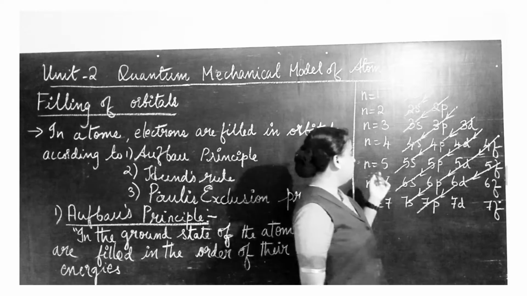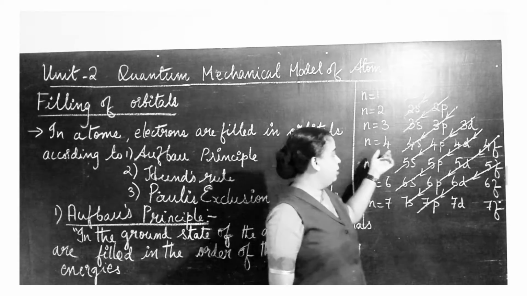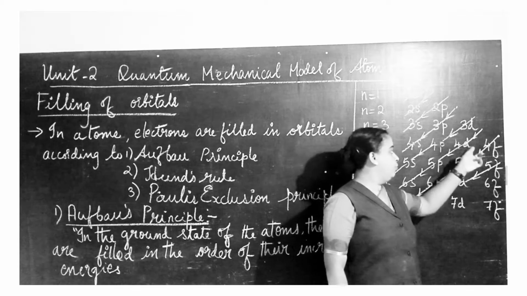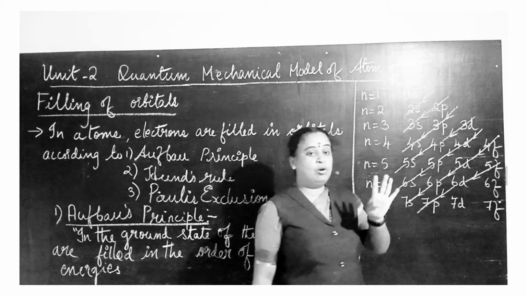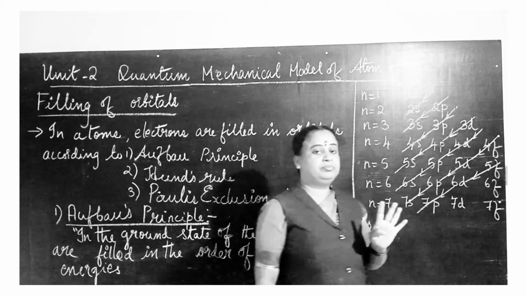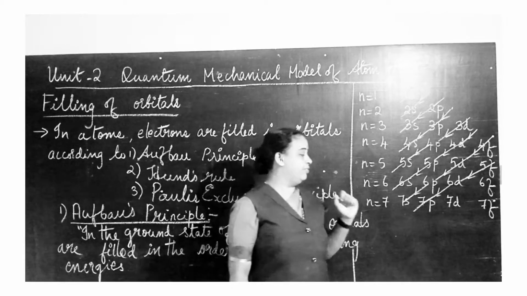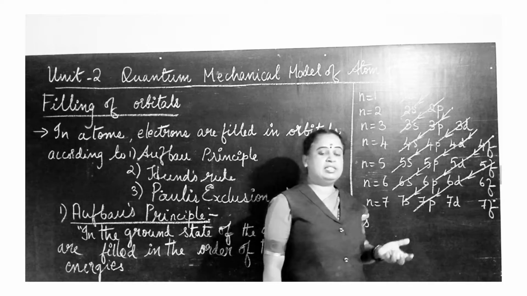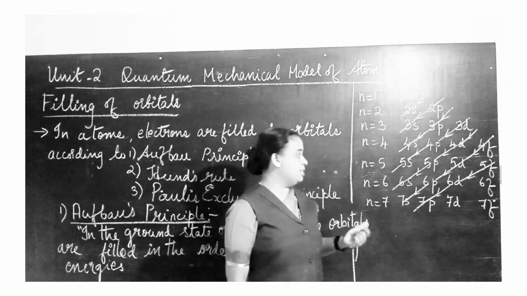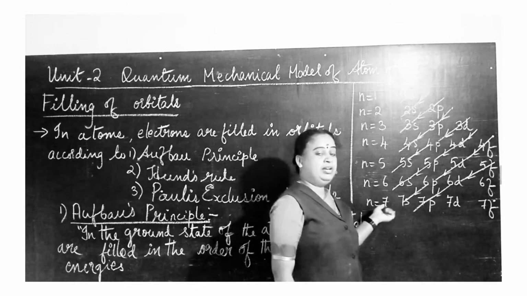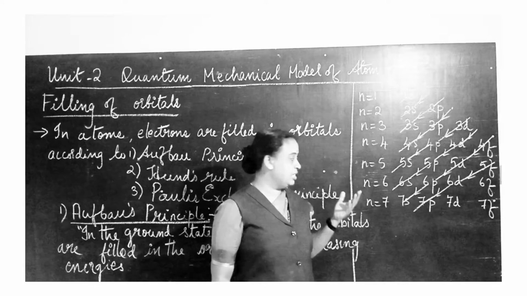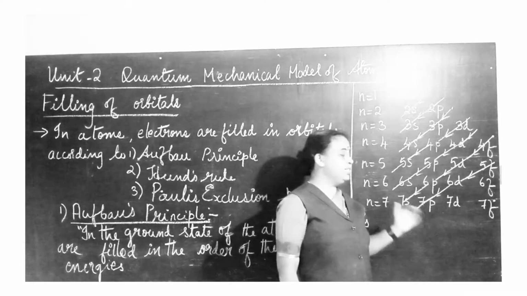Then n is equal to 4: 4s, 4p, 4d, 4f, having four suborbitals. n is equal to 5: 5s, 5p, 5d, 5f. n is equal to 6: 6s, 6p, 6d and 6f. n is equal to 7, where n is the principal quantum number: 7s, 7p, 7d, 7f.